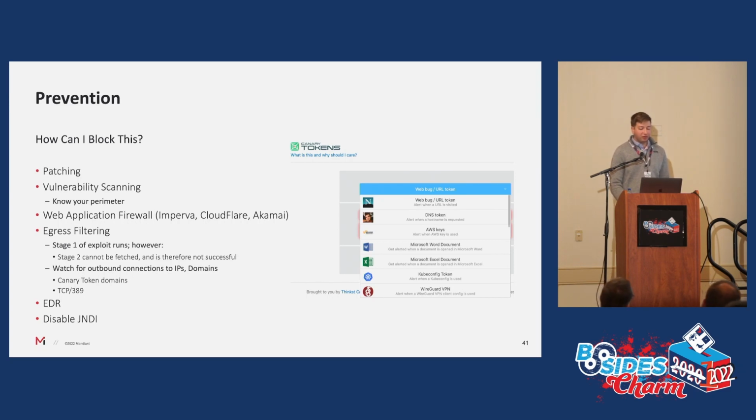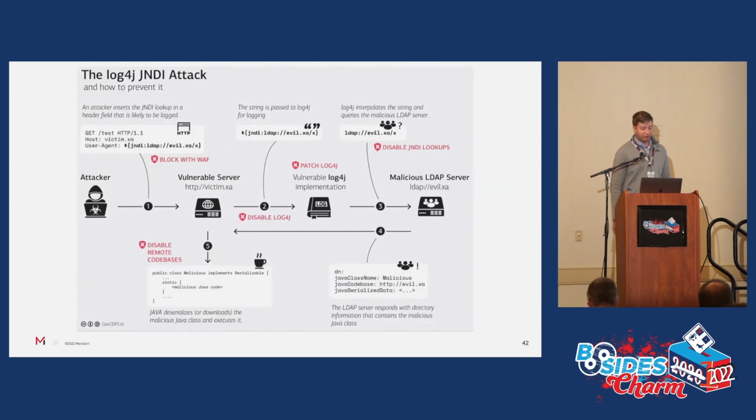And I would say, if you're going to run services on the internet, it's important to have some way to monitor process telemetry so that you can identify when something like this happens. Most EDR products can enable you to do that. Alternatively, you could disable something like JNDI that's referenced here in the Swiss CERT's great graphic.